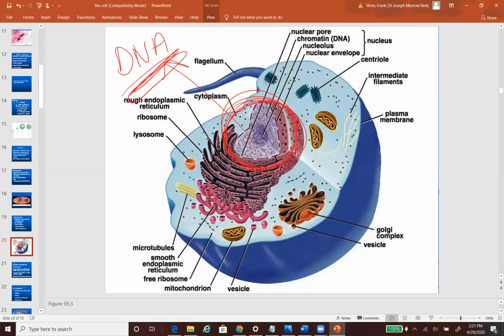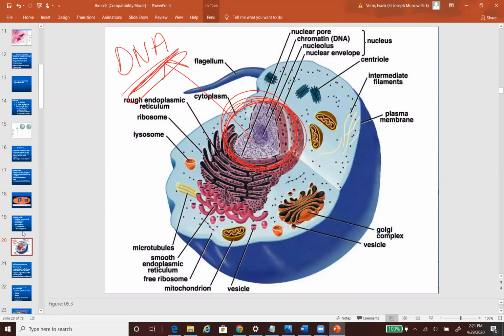And it's so valuable that the DNA has to be protected. And that's the role of the nucleus. The nucleus protects the DNA because the software is so important. And you know that if your software ever glitches or becomes corrupt, that could be a major problem for your phone or for your tablet or your computer. So it's very important that that DNA is protected.